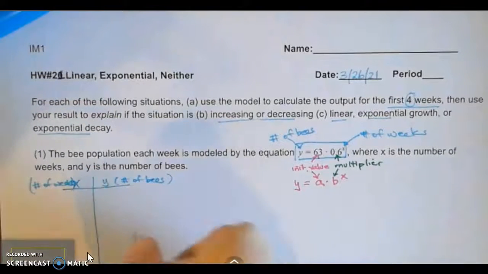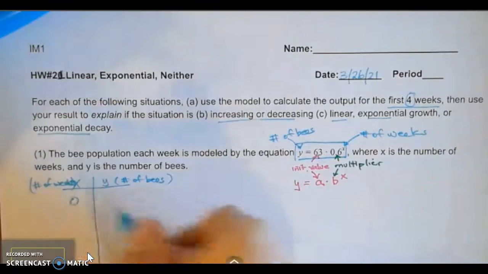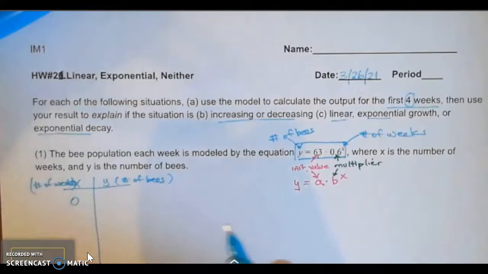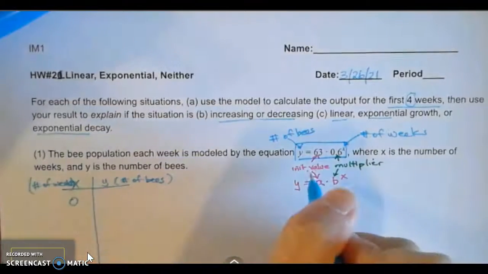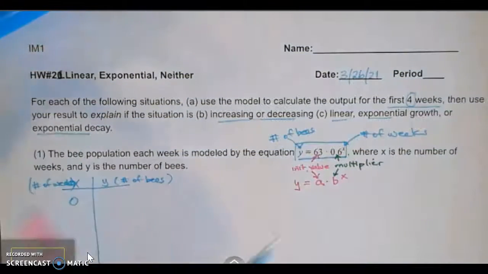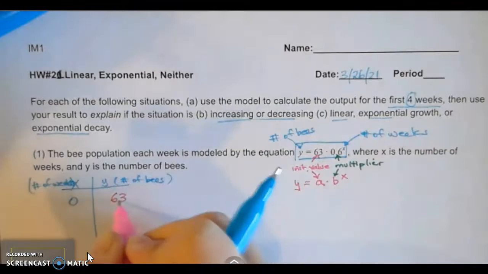When x is 0, in the beginning, how many bees did we have? Well, we said the initial value was 63, so it's going to be 63.